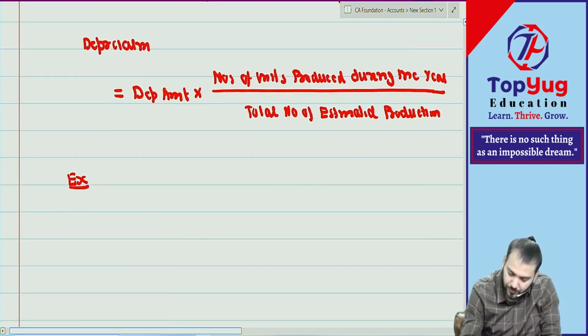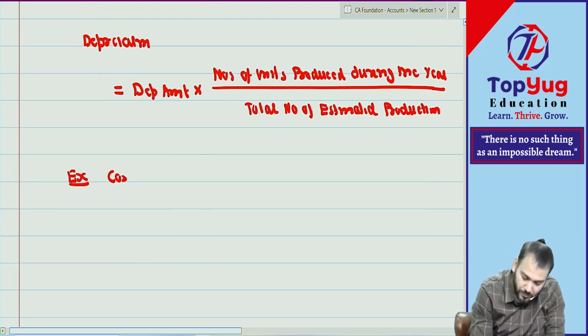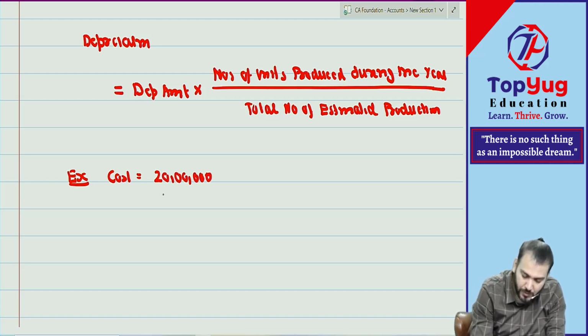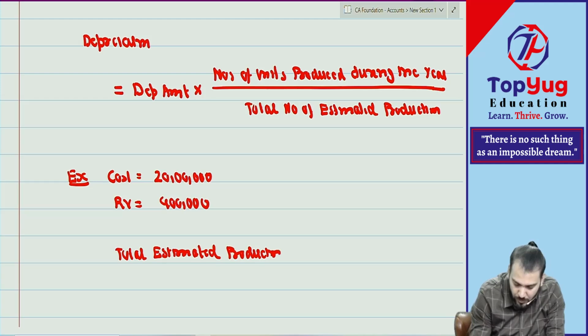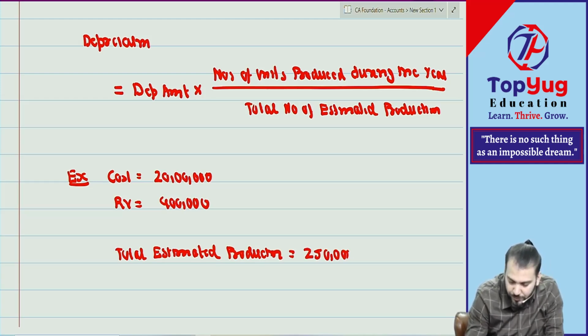Example. Cost price 20 lakh. Residual value 4 lakh. Total estimated production is 2,50,000 units.